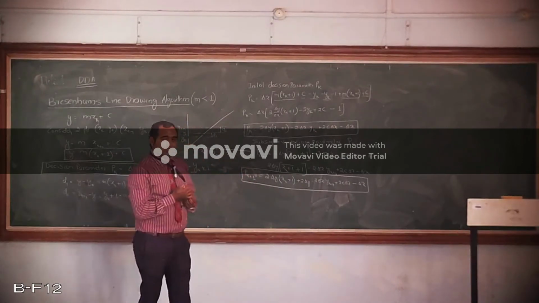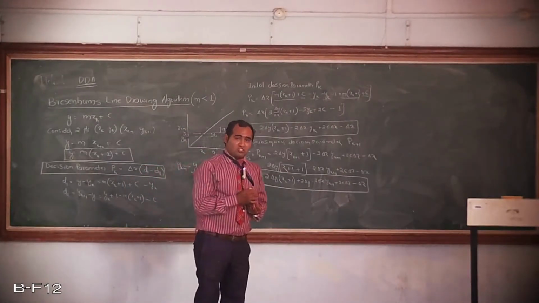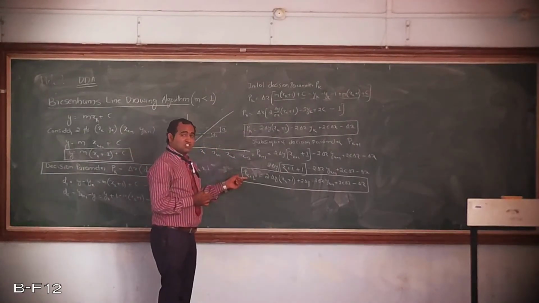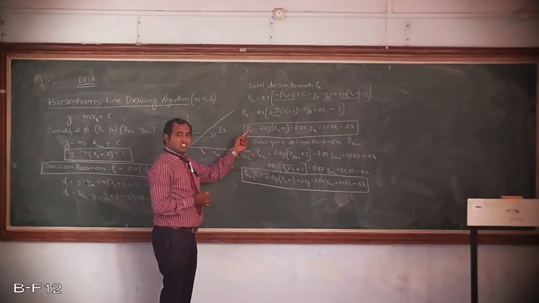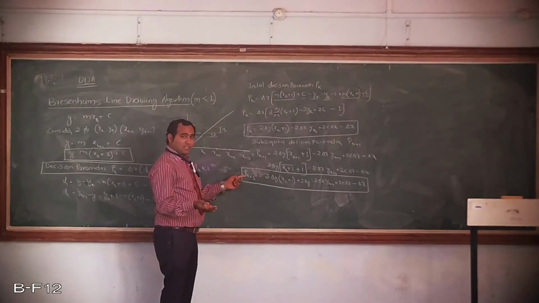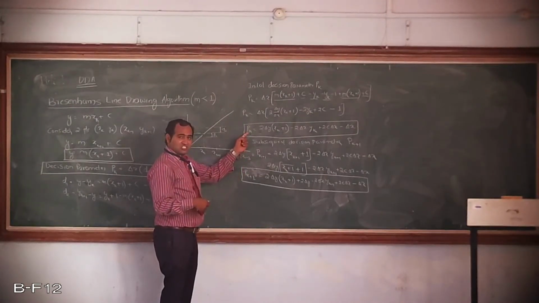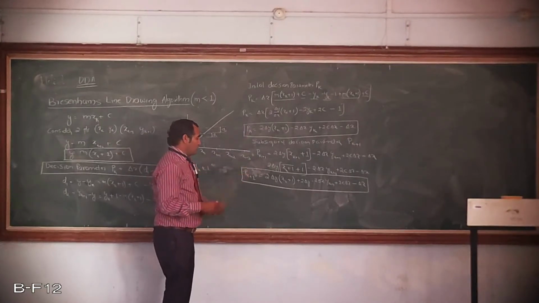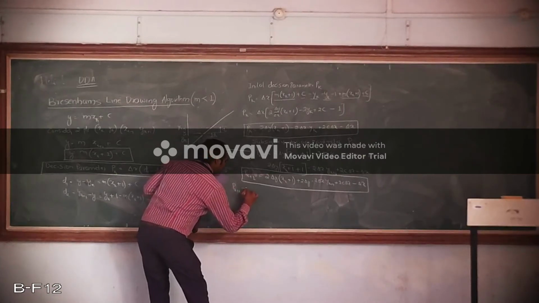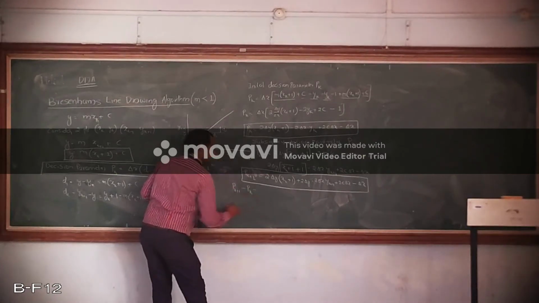Now the method used for this algorithm is, I should subtract the previous decision parameter from the subsequent decision parameter. That is, I should do pk plus 1 minus pk. This is the procedure we need to follow.